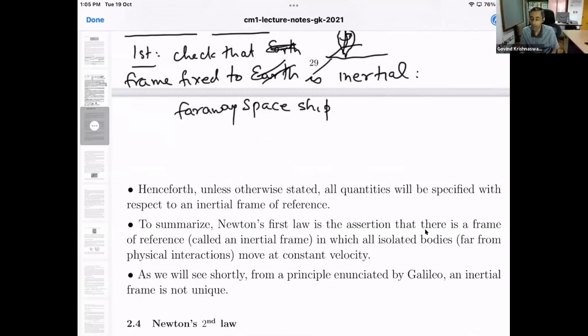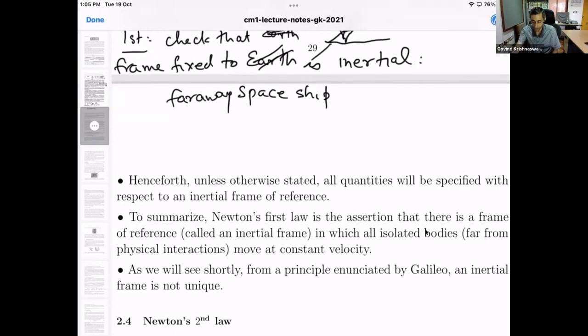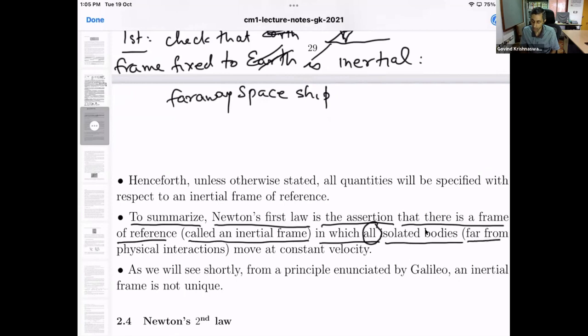You do make a very good point, and that is what the summary statement here is supposed to do. To summarize, Newton's first law is the assertion that there is a frame of reference called an inertial frame, in which, and this word is very important, all isolated bodies, namely those that are far from physical interactions, move at constant velocity.